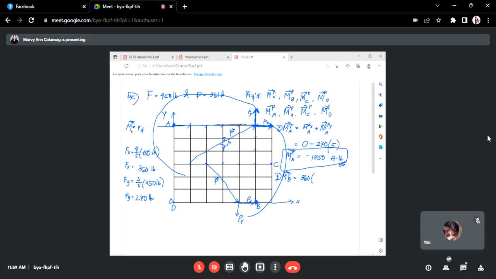What is the moment arm? 6. And what about your Fy? If we extend Fy, it just passes through B. So the moment of Fy about point B is 0. So the moment of F about B is 2,160 foot-pound.